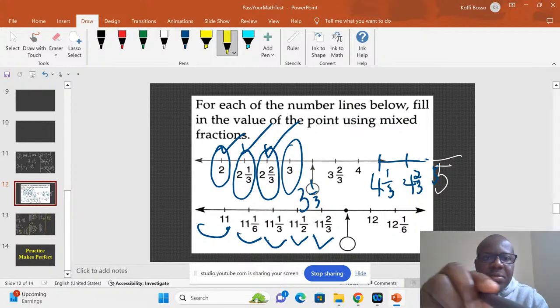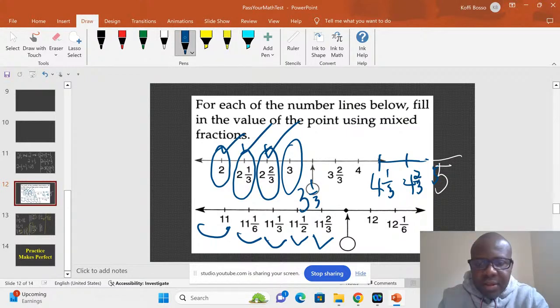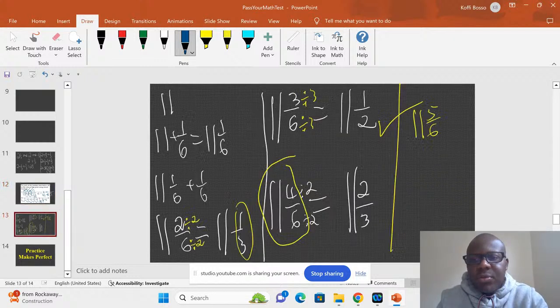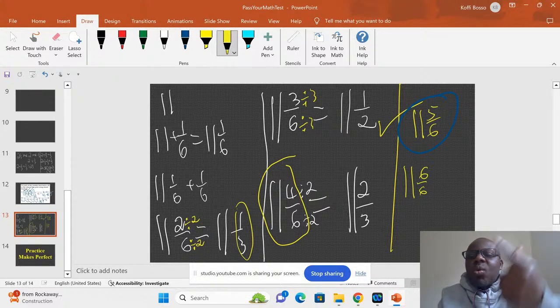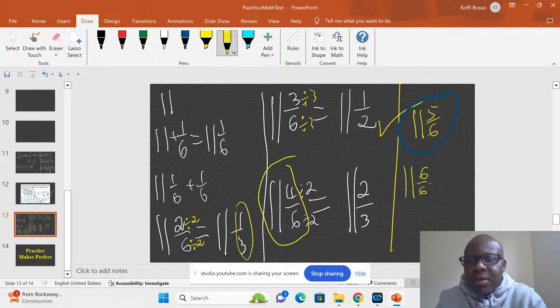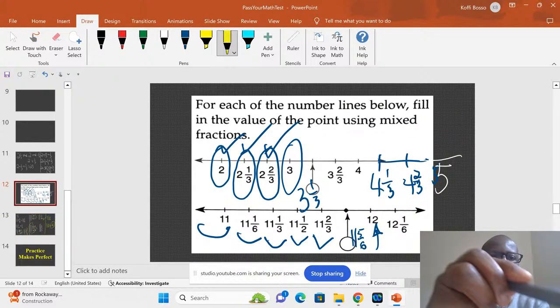So we have 11 and 5/6, and the next one they got is 12. Let's check. After this, the next one I'm going to have is 11 and 6/6. But 6/6 is 1, and that added to 11 gives you 12. That's the reason they have 12 after that.